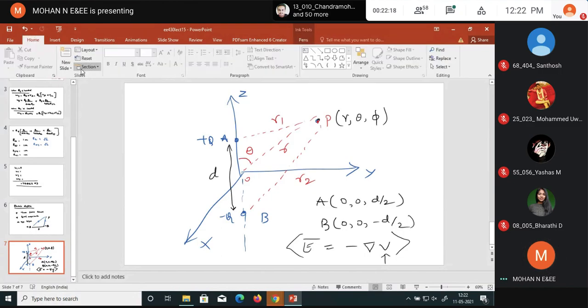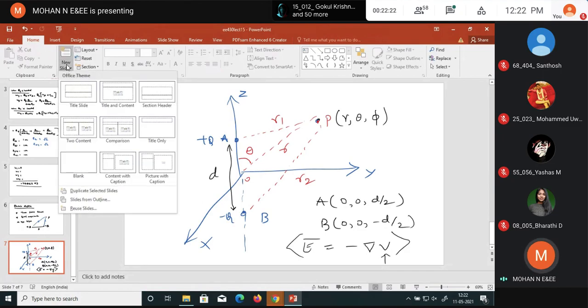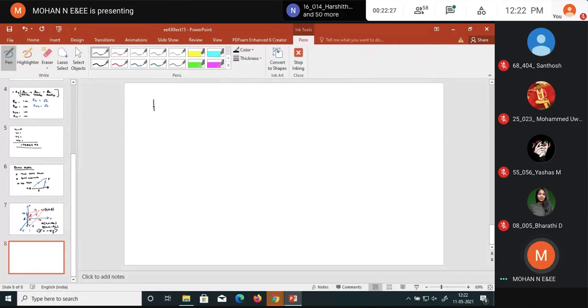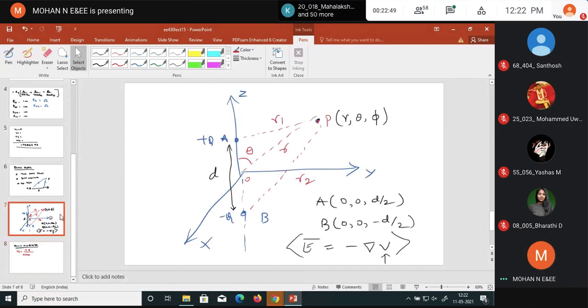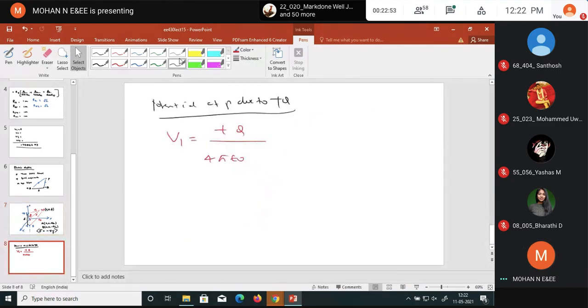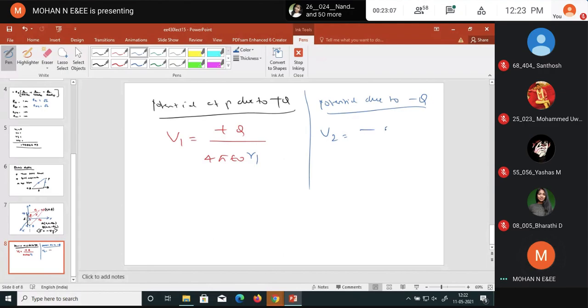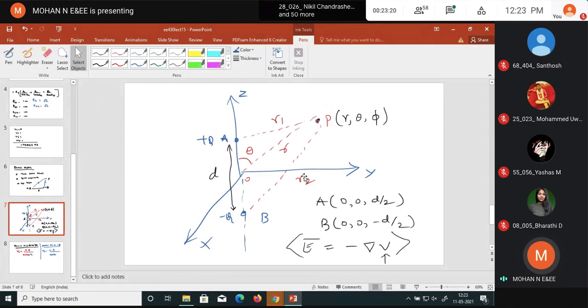Let me have the potential at P due to charge plus Q. That is V1 equals plus Q divided by 4 pi epsilon naught, and the distance between plus Q and P is R1, so directly you can write R1. The potential due to minus Q at P, that is V2, is minus Q divided by 4 pi epsilon naught, and the distance between minus Q and P is R2.